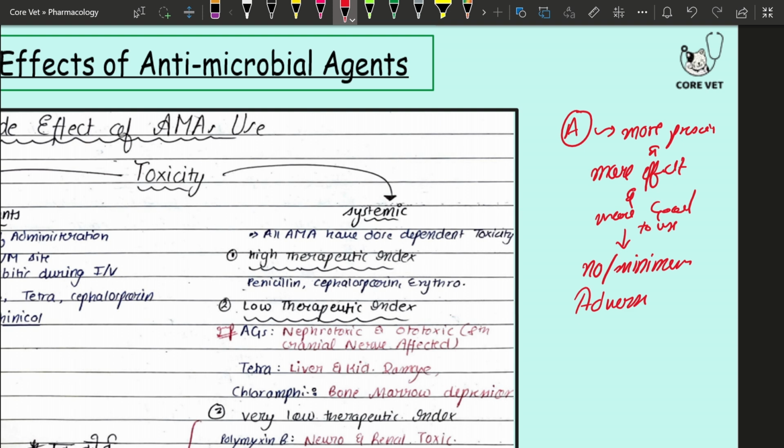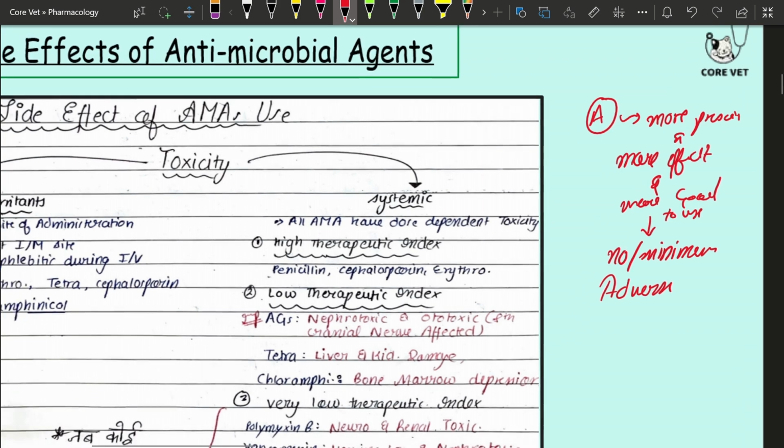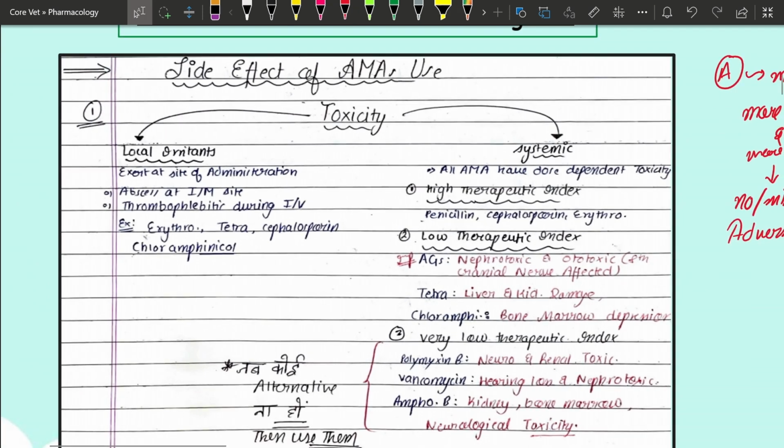So we should always analyze the patient first before prescribing any antimicrobial agent, so that there is no or minimum adverse effect on the host. The main aim of using an antimicrobial agent is to prevent any adverse effect to the host that is going to take that antibiotic. So the first side effect is toxicity.